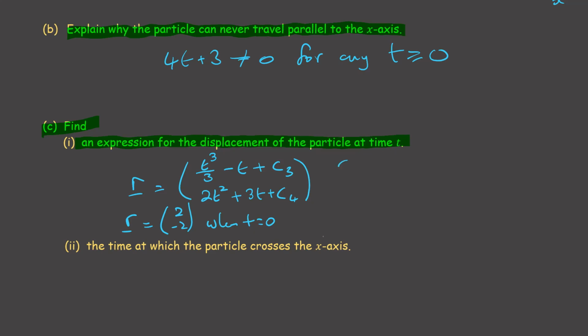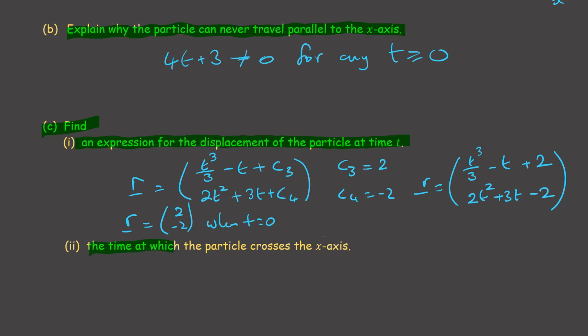And that tells me that c3 is equal to 2 and c4 is negative 2. And so we have r is t cubed on 3, take away t plus 2, and 2t squared plus 3t, take away 2.